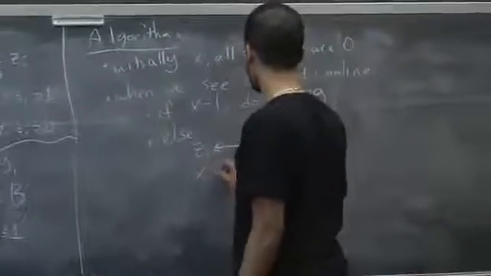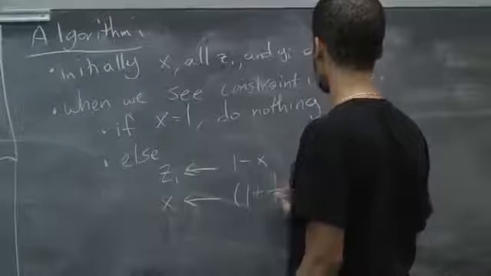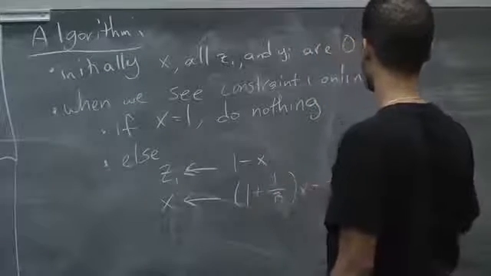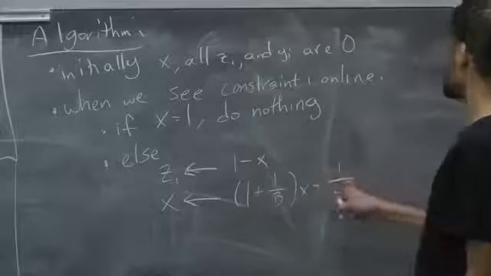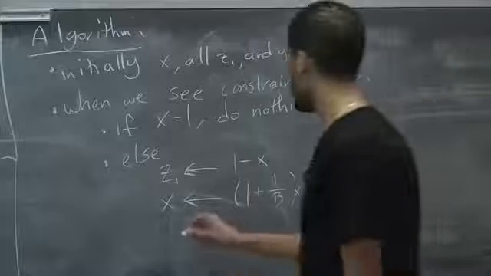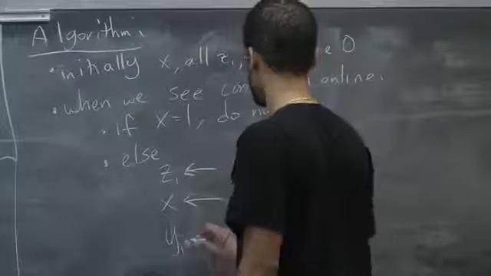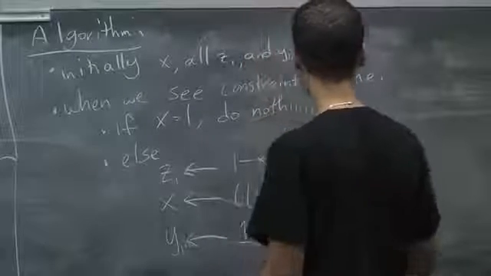We're going to set x to be (1 plus 1 over b) x plus 1 over cb. C is a constant that I'm going to choose later. And we're going to set yi to be 1.